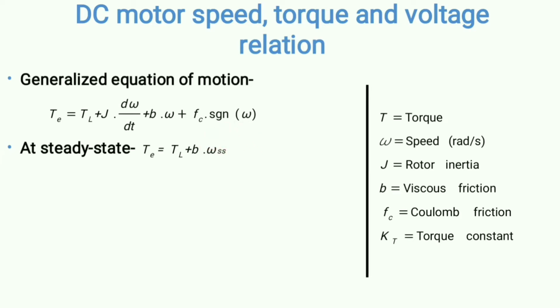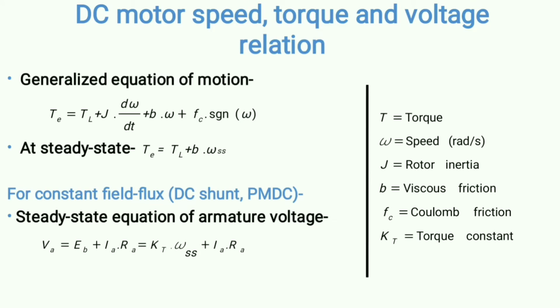All right, so here I have considered a constant field flux motor like a DC shunt motor or any PMDC motor. For a DC series motor there will be some modifications. In that case we know the expression VA is equal to EB plus IA into RA. So EB can be written as KT into omega SS.